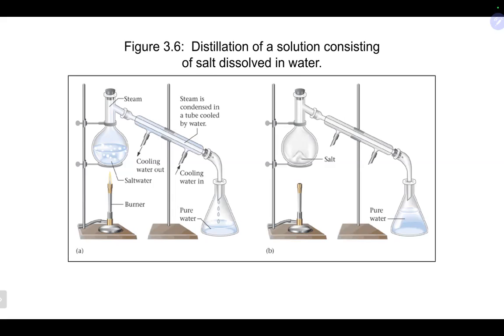Water, though, you just got to get to 100 degrees. So using the differences in those physical properties allows us to heat it up and get the water to come off, but leave really the salt intact by itself. So we're taking advantage really of physical properties to allow us to separate these things out. Any questions on that? That is chapter 3. It's a good deal.